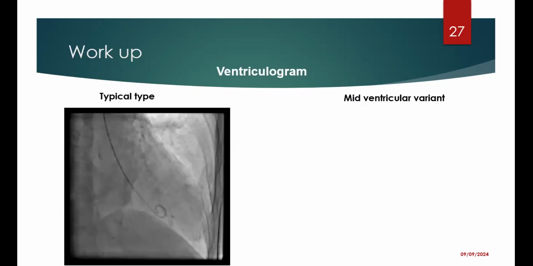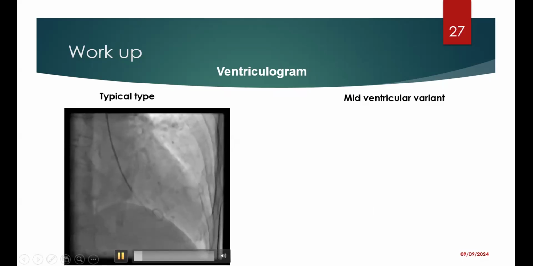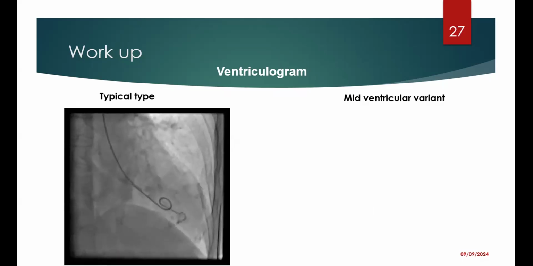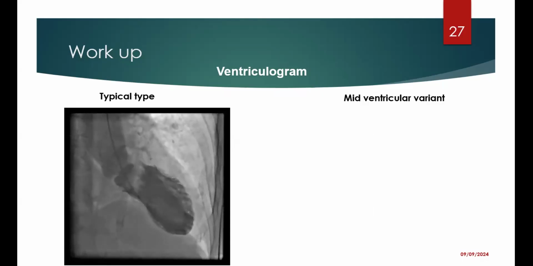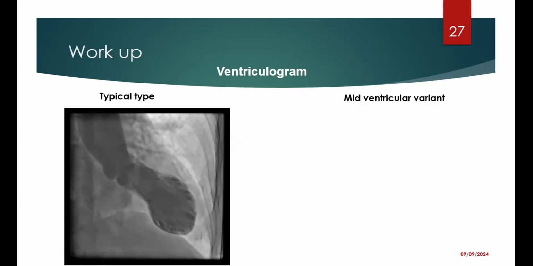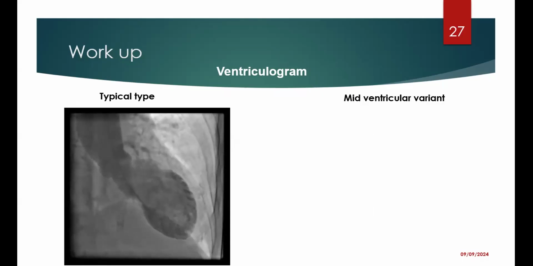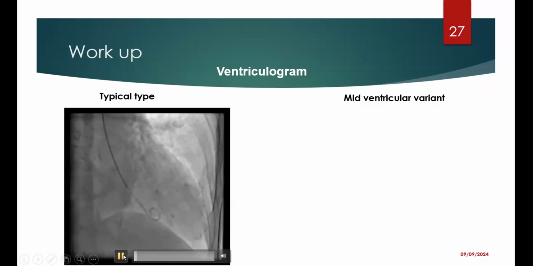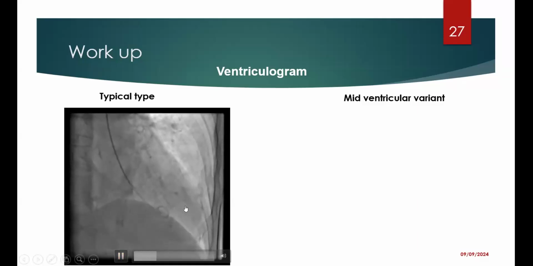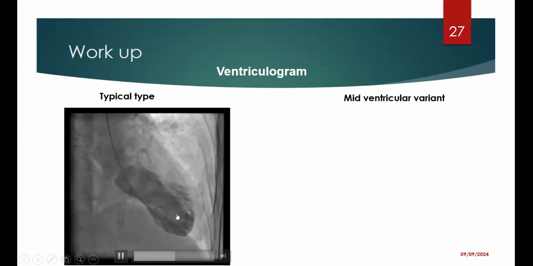Okay, so this is a ventriculogram which can be done during coronary angiogram. The first video shows a typical type of Takotsubo cardiomyopathy with apical ballooning. You can see good contractility at the base, but poor contractility at the apex.